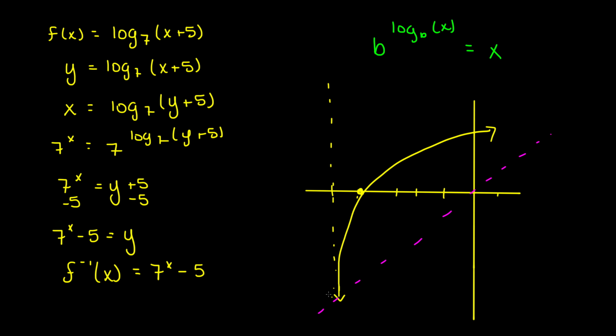My inverse function will be down 5 for my horizontal asymptote. We're going to look something like this. If I had actually drawn that right, this distance should be the same here to here. It's not, but it should be.